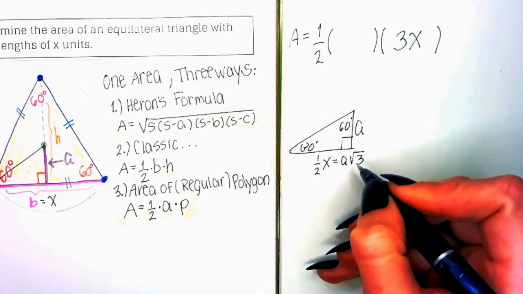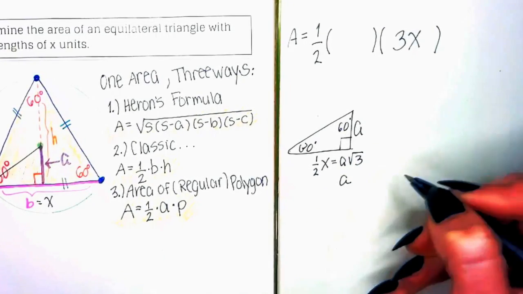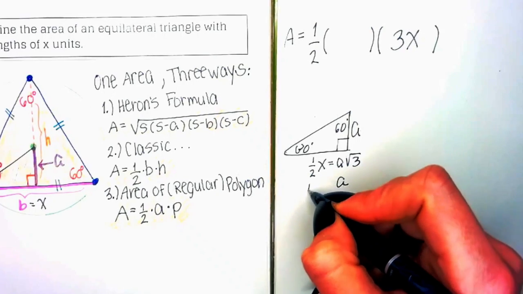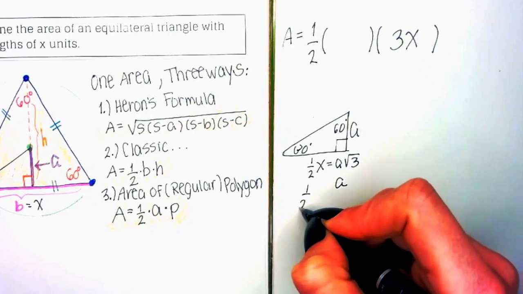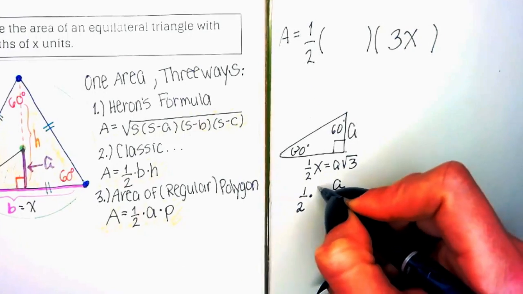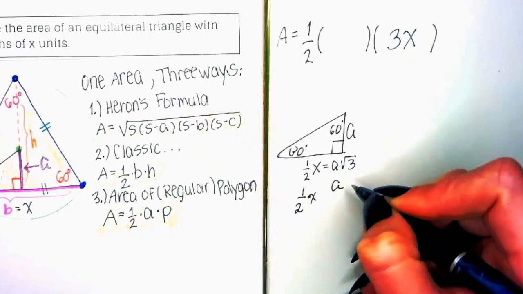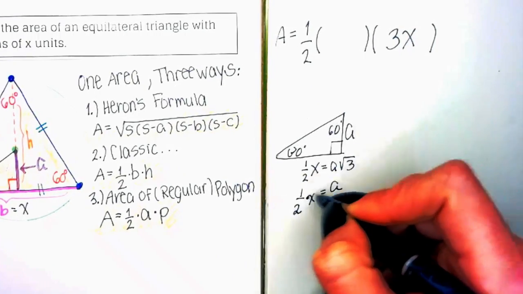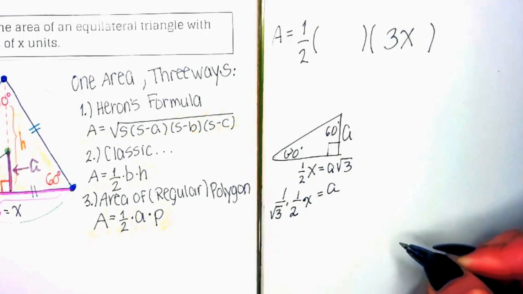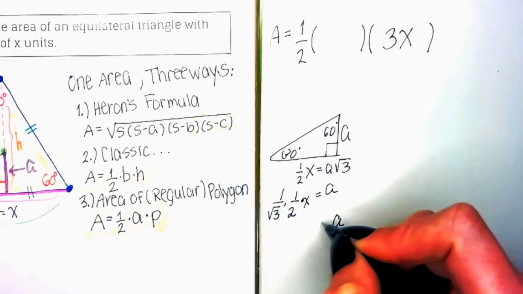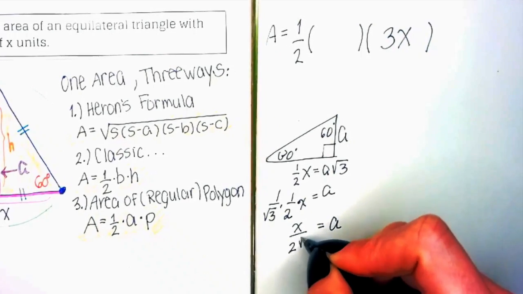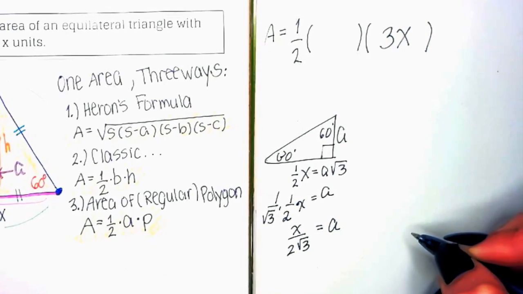I want to solve for A. Divide by radical 3. Dividing by radical 3 is the same as multiplying by 1 over root 3. So my apothem will equal x over 2 square root 3.